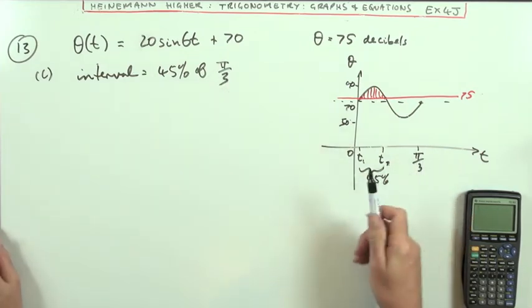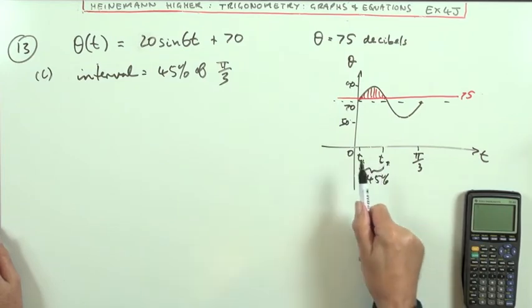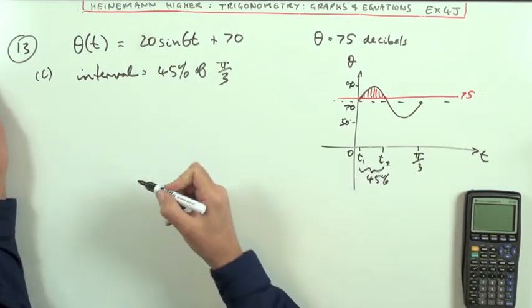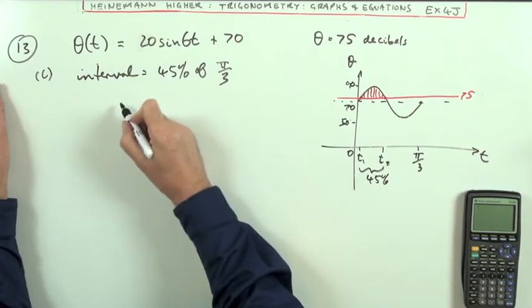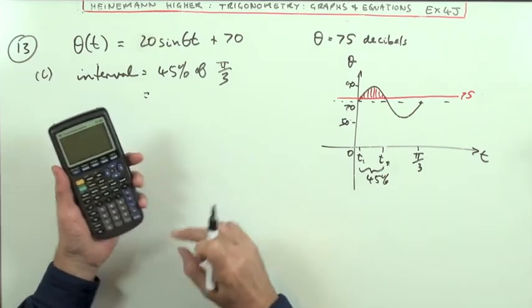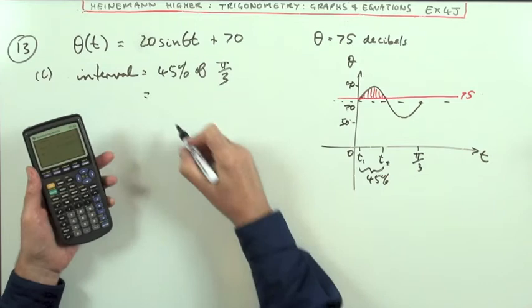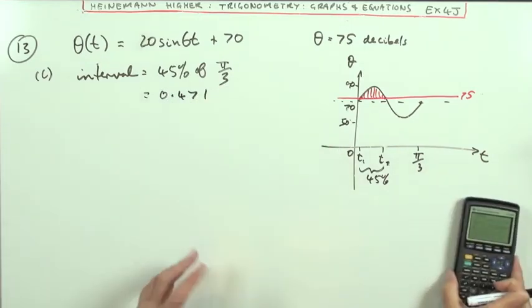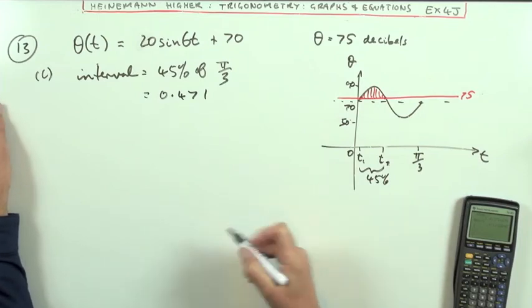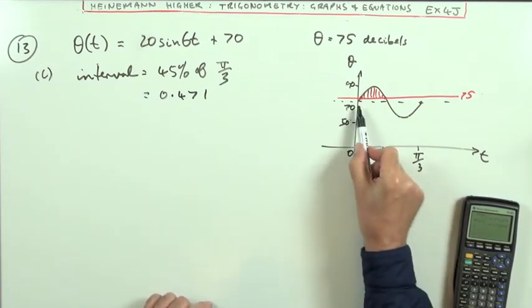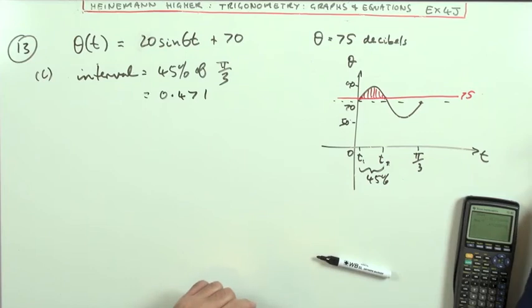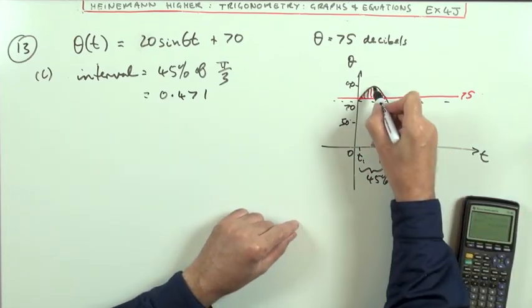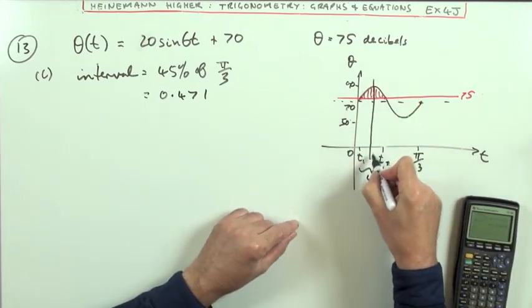Now again, since this is just relative fractions of a wavelength, it could be in degrees or radians, since at no point am I actually going to need the absolute value of time. So for that part, 45% of pi upon 3 gives me 0.471, I'll just say, whatever the units happen to be. Then I'll take a line down the middle of this.